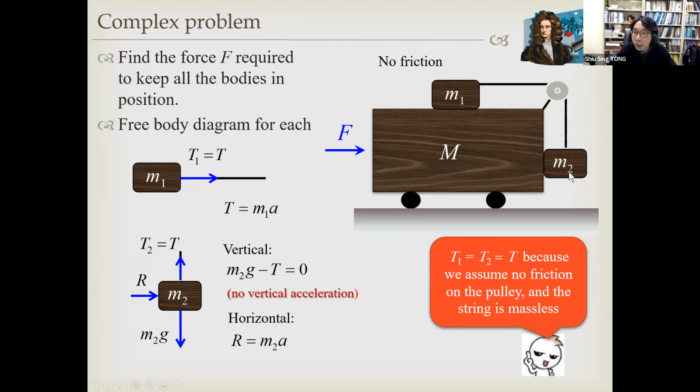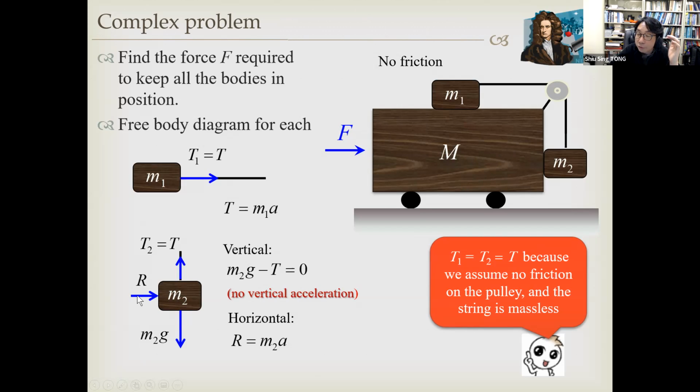Now let's take a look at the block M2. Now be careful, the block M2 is acted on by three forces. The first one is of course the force due to its gravity, its weight, M2G vertically downwards, and there's a tension in the string, and there's also a pushing force from the cart, from the trolley, right?